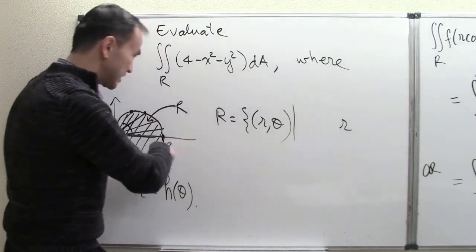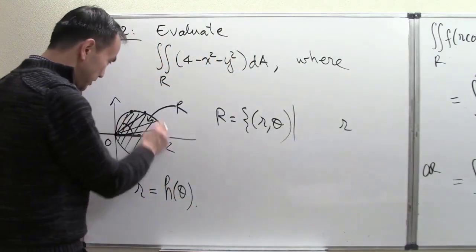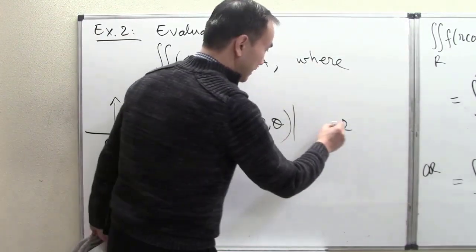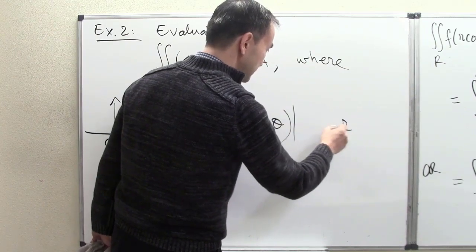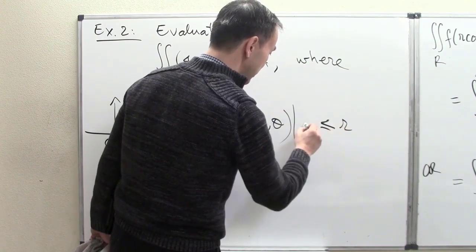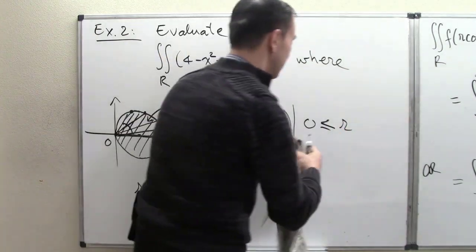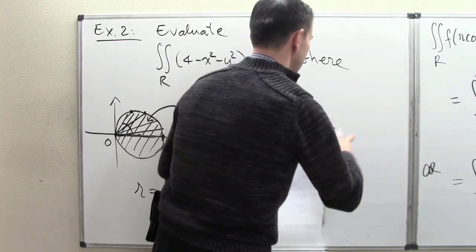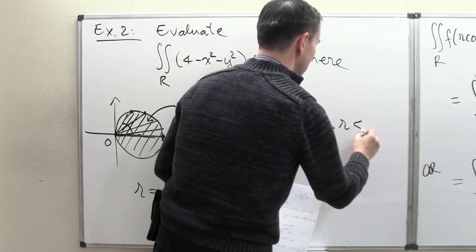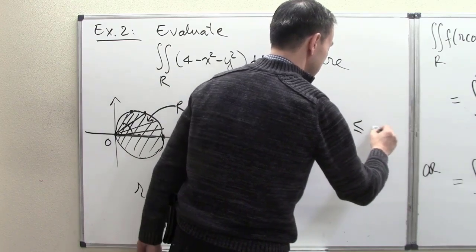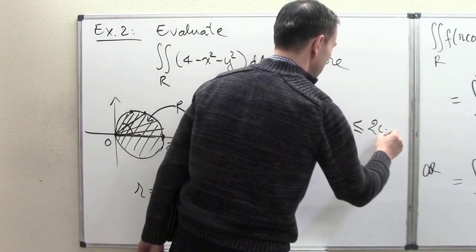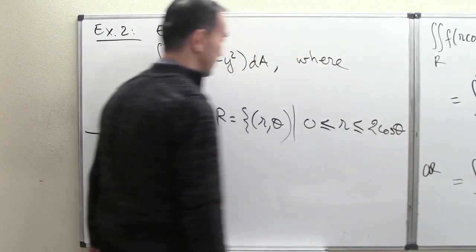And so here I see my function of theta for this particular round circle. I need to remind anyone, the radius changes from 0 to the function being 2 cosine theta, like that.